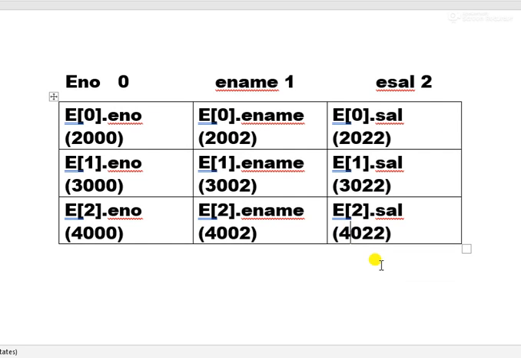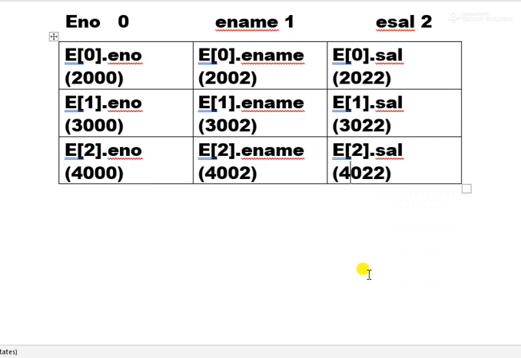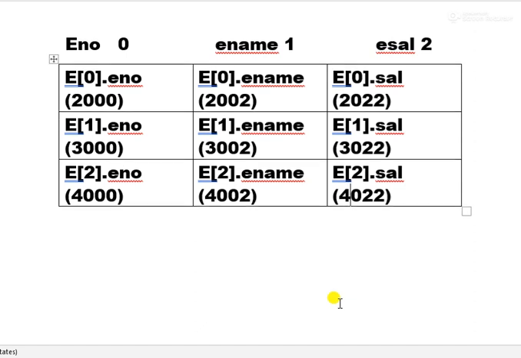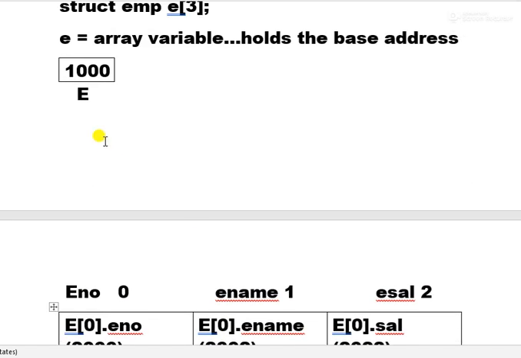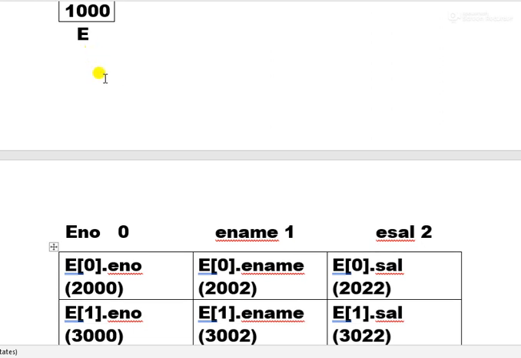So our diagram is actually complete. All three records get memory allocation in three different locations. The base address is held by e, so 1000 is the base address, and e contains the base address.